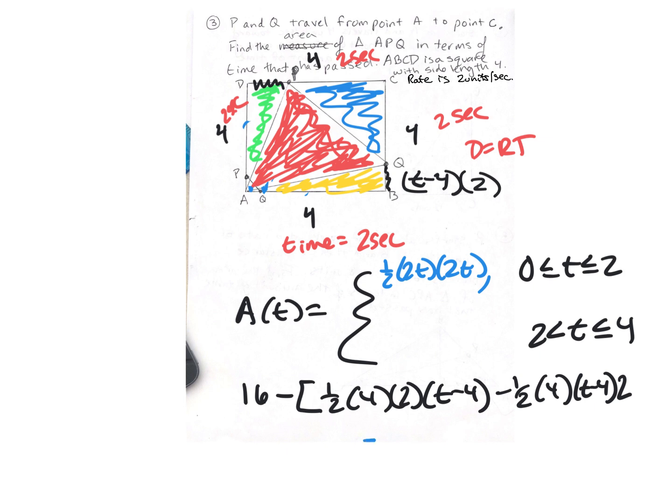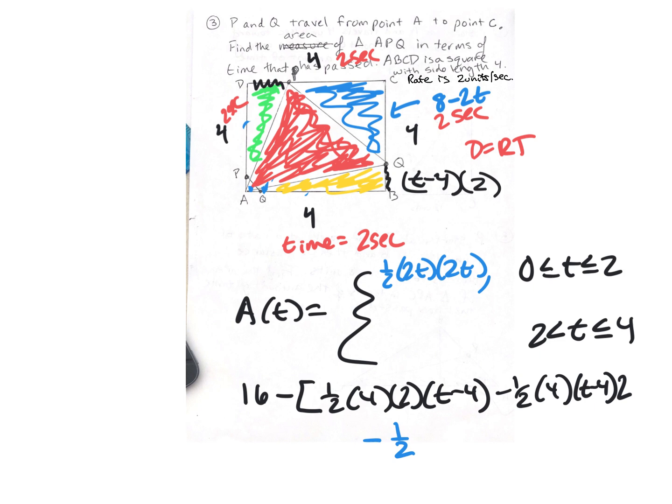So I can think minus, I forgot the 1/2. 1/2. And to get at this length here, it would be total time, 8 seconds, minus time that's passed, which would be 2t.